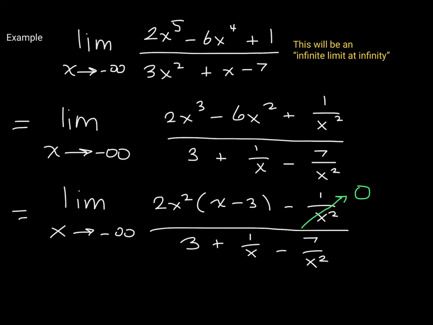The same is true for this ratio down here in the denominator. It's approaching 0. And for this one here, x is tending to negative infinity, and so this ratio is approaching 0 as well, through negative values, but at the end of the day it's approaching 0, which means this entire denominator approaches 3 as x approaches negative infinity.